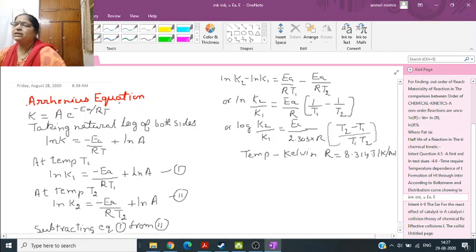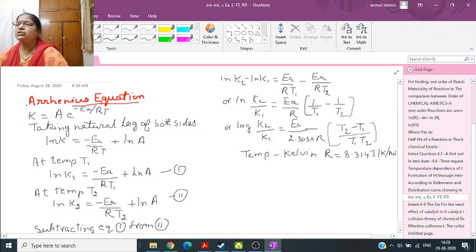Now we will discuss the equation for temperature dependence, that is the Arrhenius equation. Just now we have studied that K is equal to A e to the power minus Ea by RT.